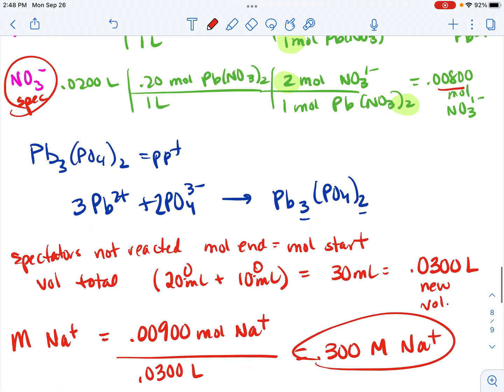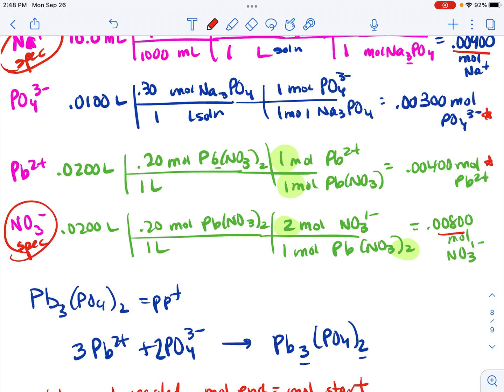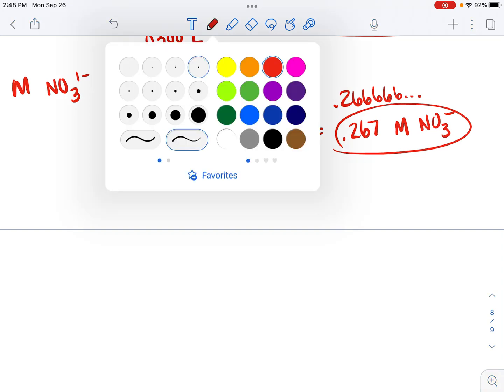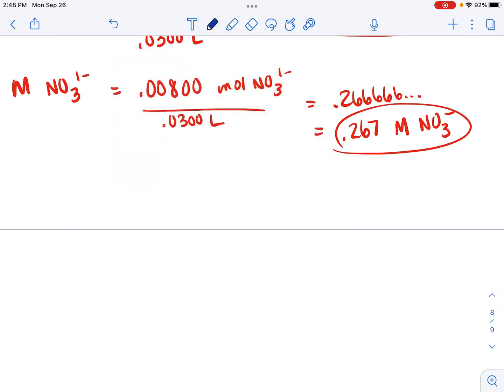So when I did this, I started with both. Change color so you can find my new stuff.